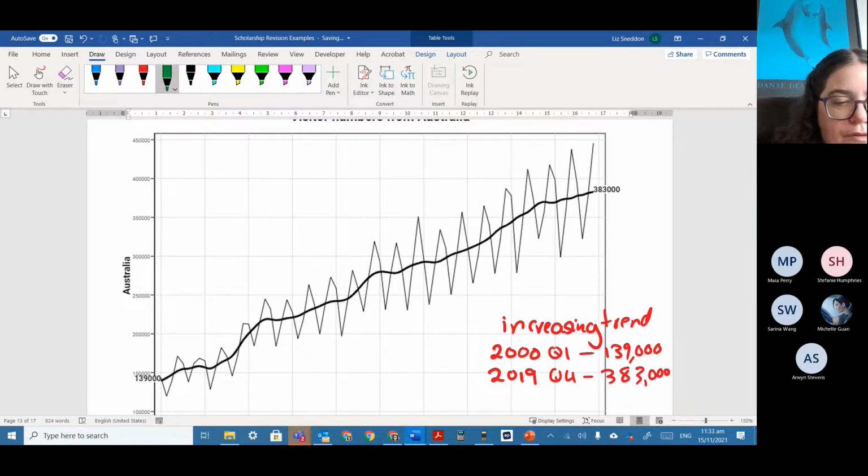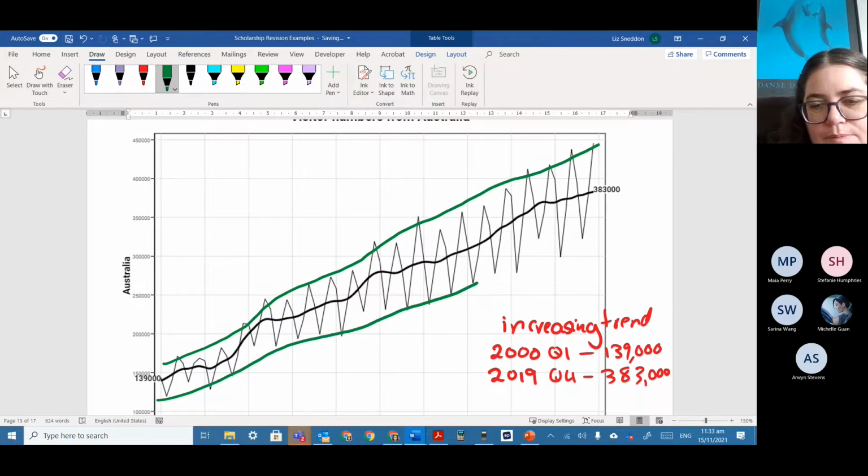And I am going to draw a line hitting the top peaks here and a line roughly hitting those bottom troughs. So when I draw that, what can you tell me about the variation? Is it increasing? Is it a fan effect, a funnel effect, or is it pretty constant?